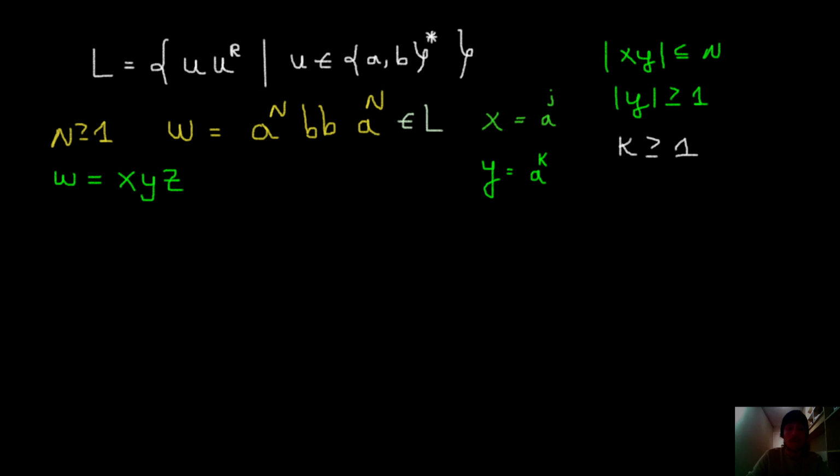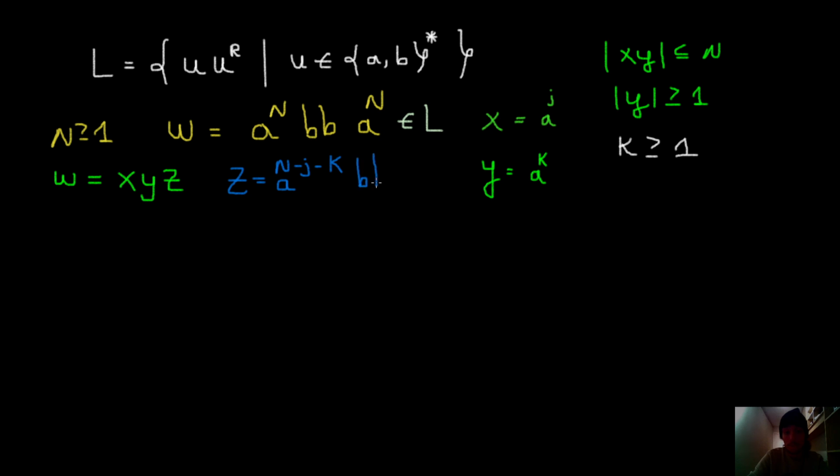So if we have taken x to be a raised to j, y to be a raised to k, and we want a given value z such that if we concatenate them all we have this word, then it is trivial to see that z needs to be a raised to n minus j minus k, which are the values that we are adding here, right?